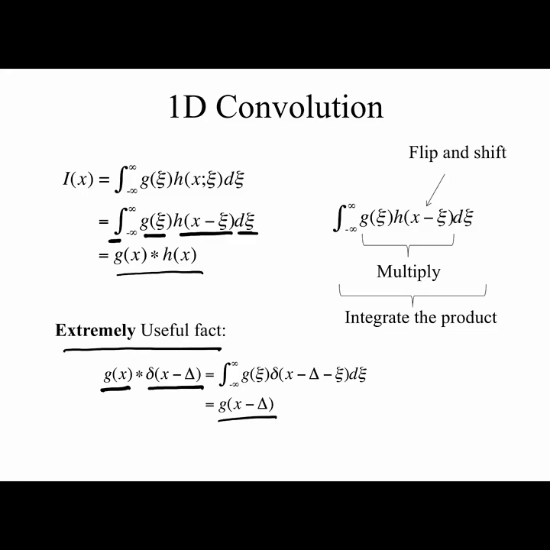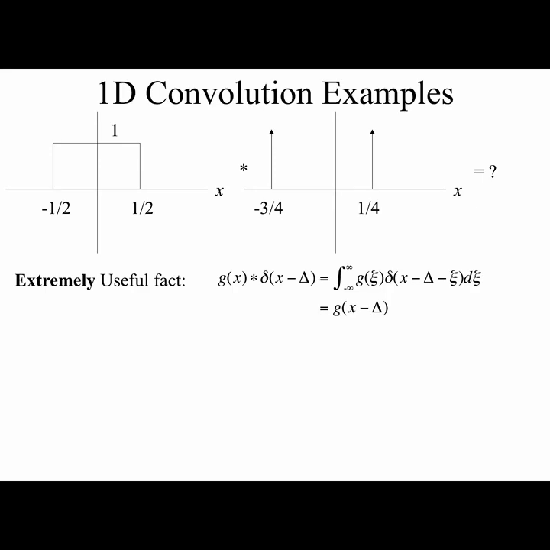So you want to just commit that to memory. Okay, so actually, let's do an example of that. So let's say this is my rect function. So this is rect of x. Okay. So I want to ask myself, now I'm convolving it with these two shifted Dirac delta functions. Okay, so let's do this together. So when I convolve it with this Dirac delta function, it's just going to shift it over by a quarter, right?